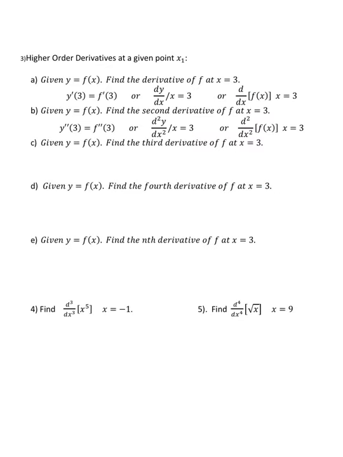Now let's discuss how to find a higher order derivative at a particular given x value. I wrote as the given point x1. So, for instance, in 3a, given y equals f of x, find the derivative of f at x equals 3. Okay, now in class, we've been denoting it this way: the derivative of y at 3 and the derivative of f at 3.